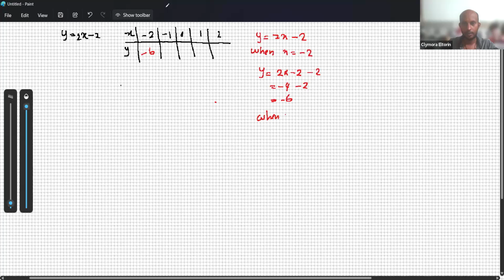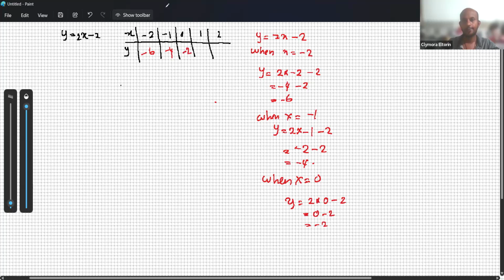Right? That's minus 6. When x equals minus 1, y equals 2 into minus 1 minus 2, which is minus 2 minus 2, so it's minus 4. When x equals 0, y equals 2 into 0 minus 2, which is 0 minus 2, that means minus 2. Right?